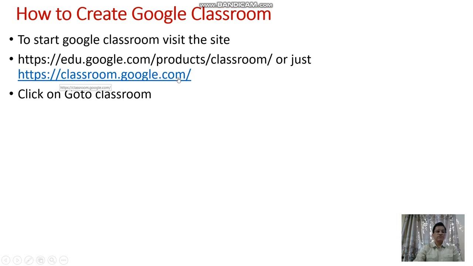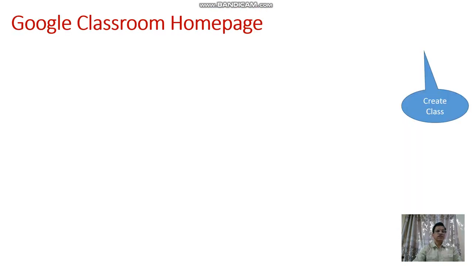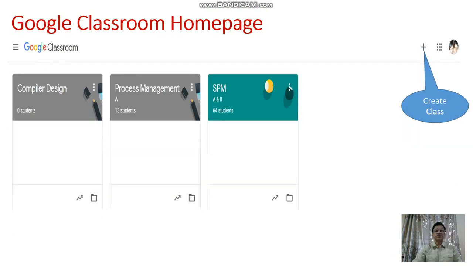Clear? After that we get this screen. When you write this address in the address bar, you get this screen. When you get this screen, you simply click Go to Classroom, and when you click on this, we get the homepage of Google Classroom.